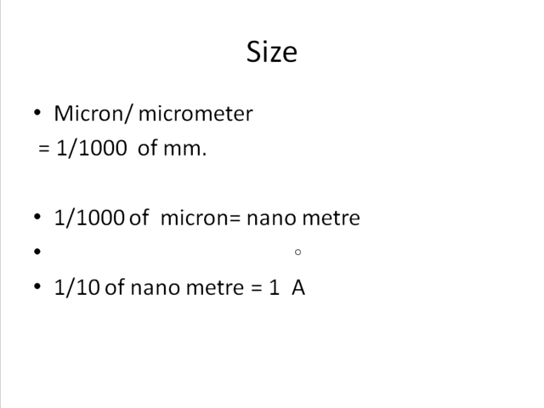This is the size that we use to measure even tinier organisms, which are tinier than bacteria, like viruses. Now let's say you divide this nanometer into 10 divisions only and take the first division, that is 1/10th of a nanometer, which is called 1 Angstrom unit.